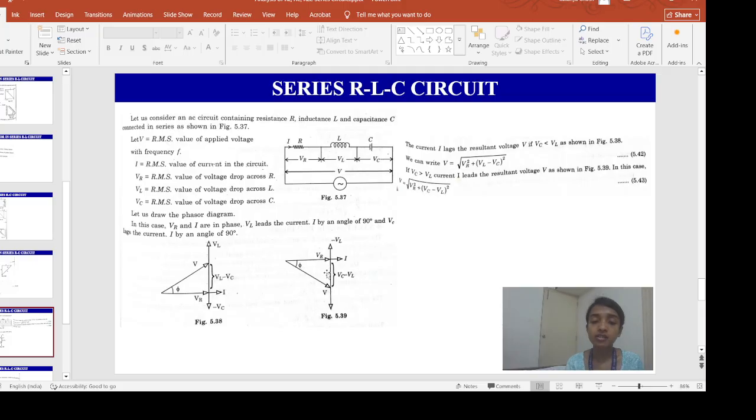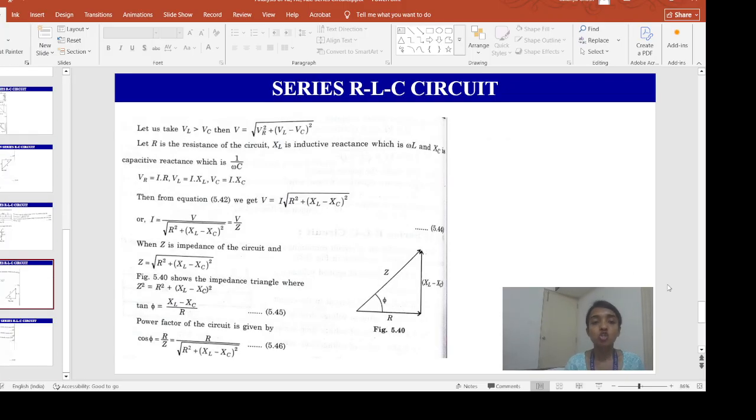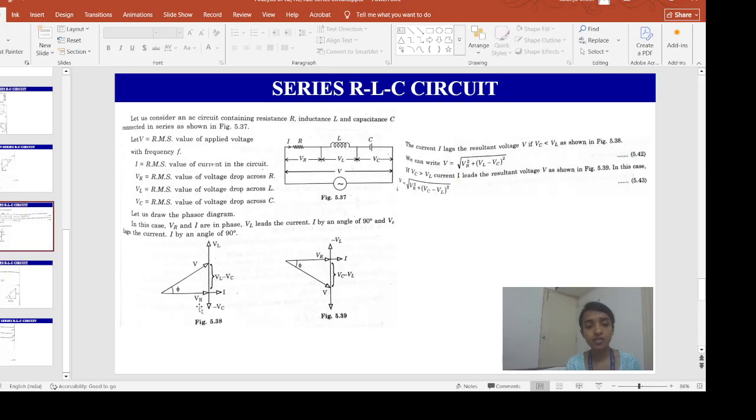Now if you consider this one where VL is less than VC, the resultant vector V will be root over of VR square plus VC minus VL whole square. So for our calculation, we will consider VL greater than VC. That means the first diagram.